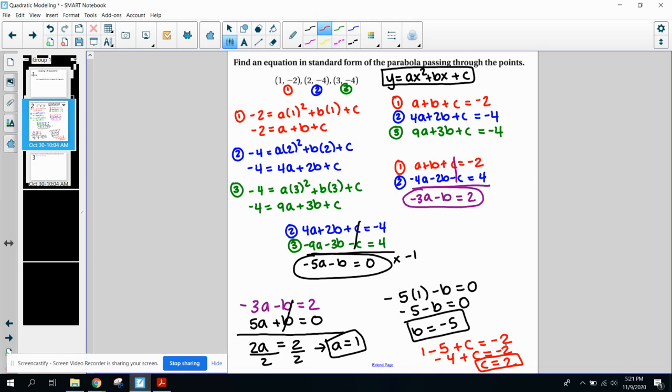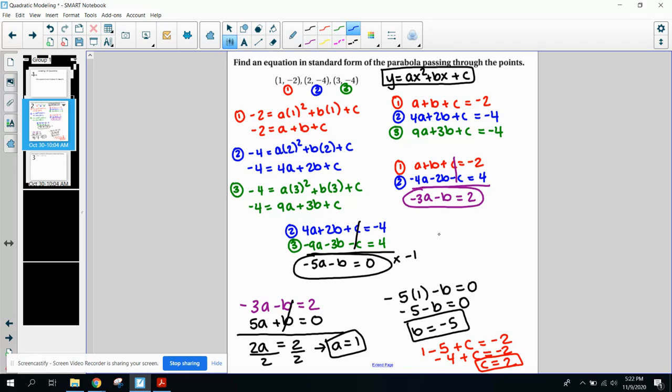Okay, so now what I've figured out is what a, b, and c all are. So if I know a, b, and c, what I'm going to do as my last step, how I'm going to finish this problem, is I need to write it like a quadratic. So I'm going to take that standard form, that y equals ax squared plus bx plus c, and I'm going to plug in the a, the b, and the c.